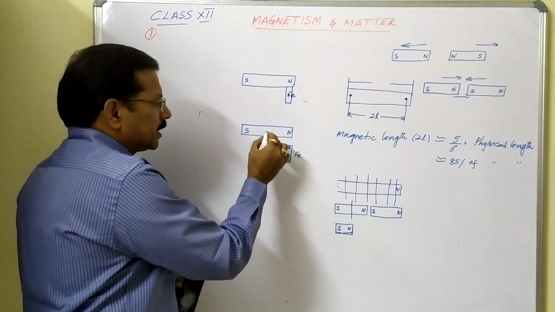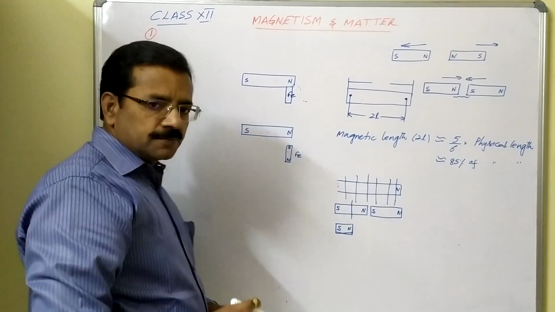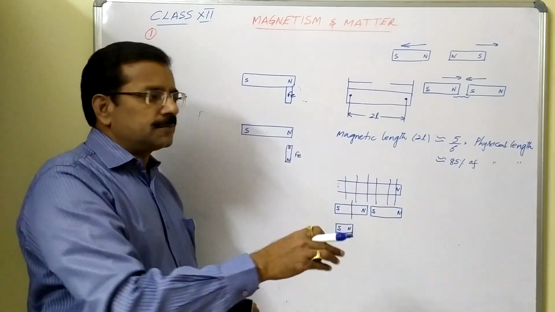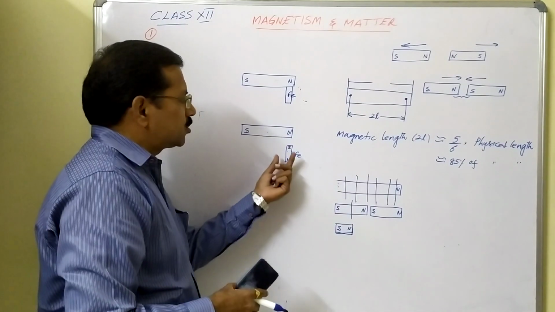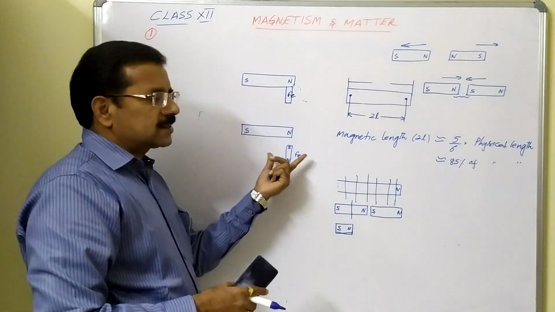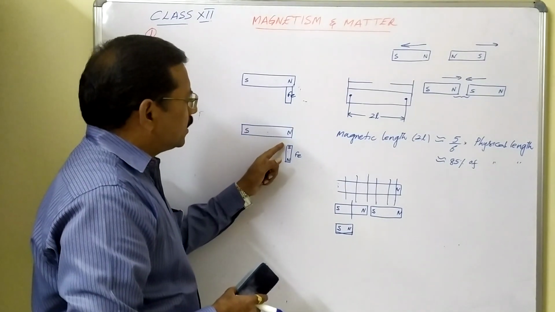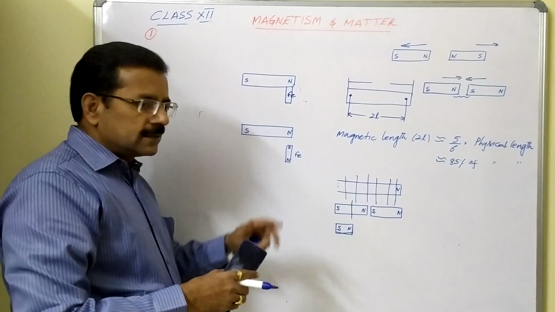That is, this bar magnet, even without any actual contact with this piece of iron, induces magnetism into this ferromagnetic material so that it starts acting like a magnet, with the nearer end acting as an unlike pole and the farther end acting as a like pole.